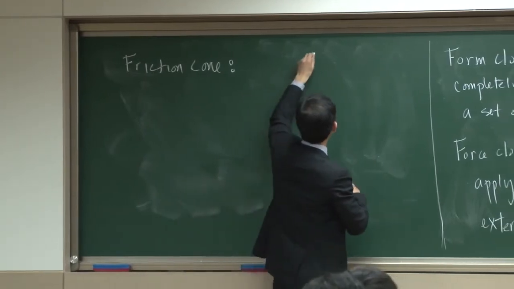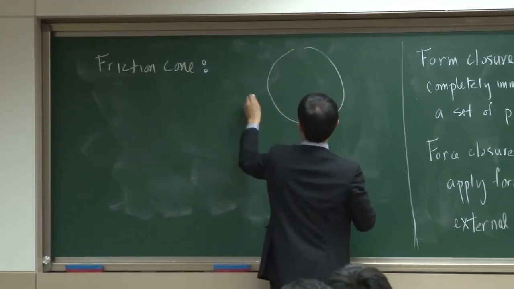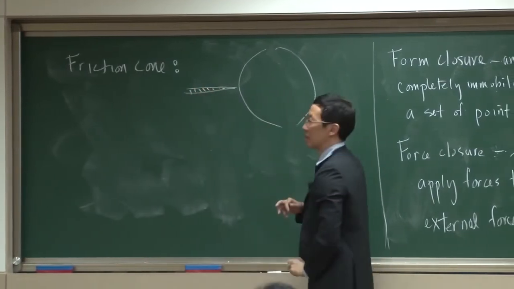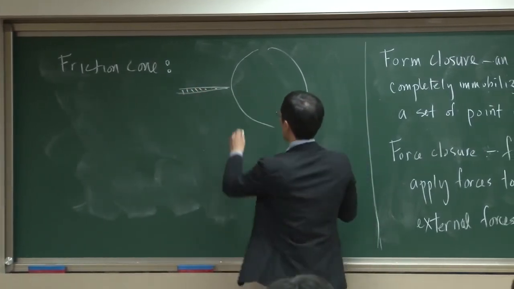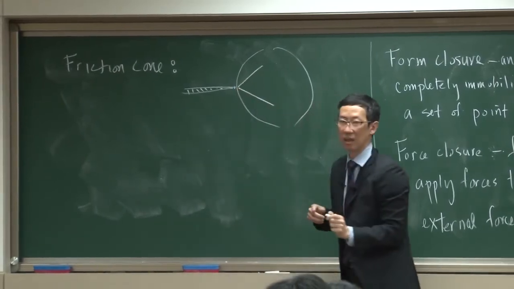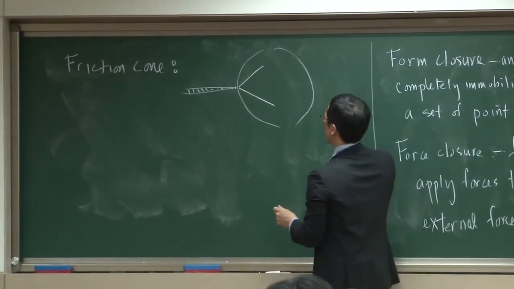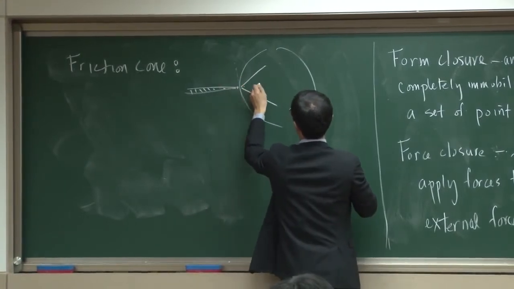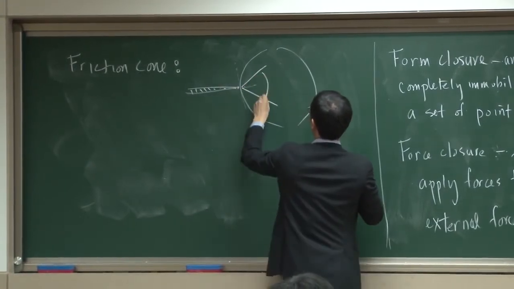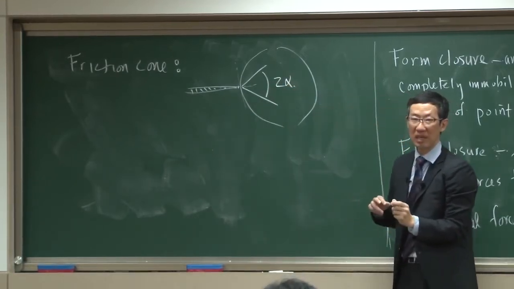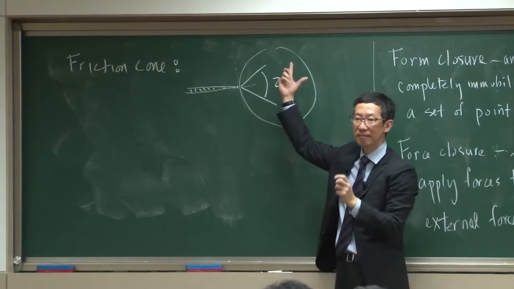If we have some object, and here's our finger, then at this contact we're going to have a cone. This angle here will be 2 alpha. This is our friction cone.